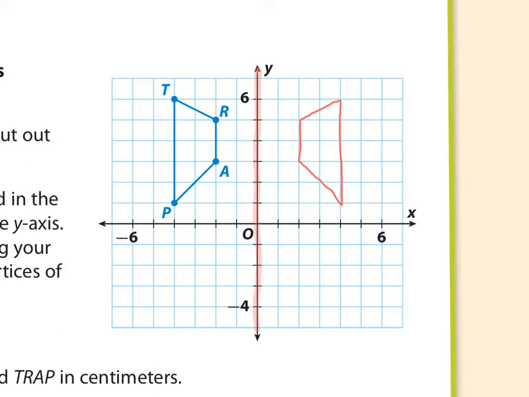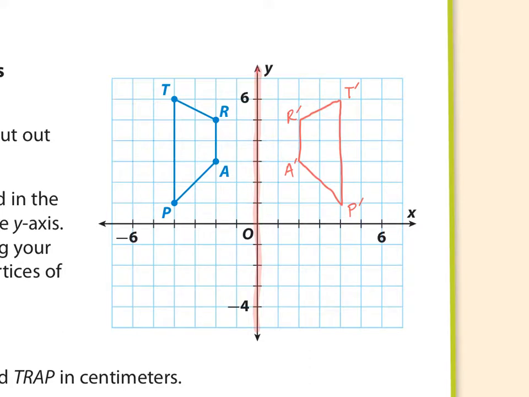And so I'm going to have T prime here, R prime, A prime, and P prime. Okay, so doing, again, one point at a time. So notice that it is the same shape, the same size, but it is a different orientation. Okay, and the two shapes are congruent.